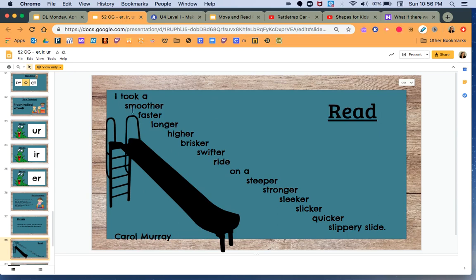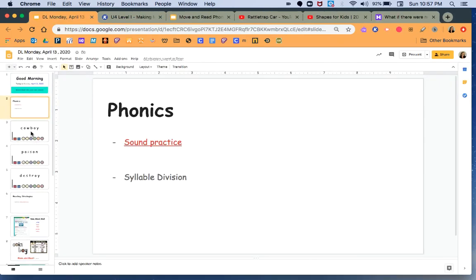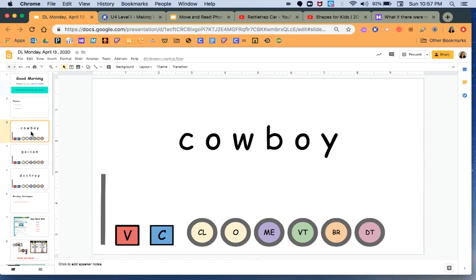I took a smoother, faster, longer, higher, brisker, swifter ride on a steeper, stronger, sleeker, slicker, quicker, slippery, slide. And if you notice, this has that ER and it adds it to the root word every time to show that it is increasing in intensity. So awesome job, guys.